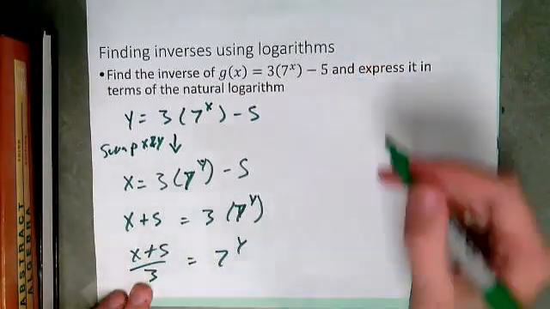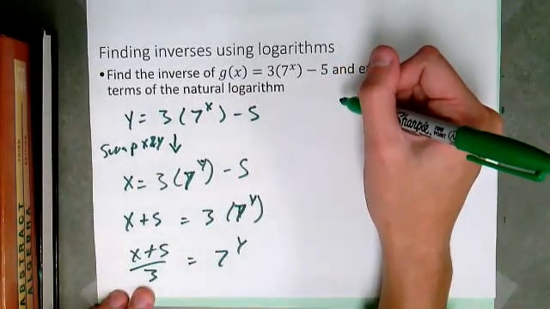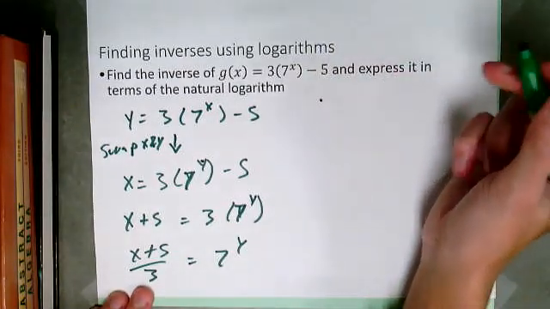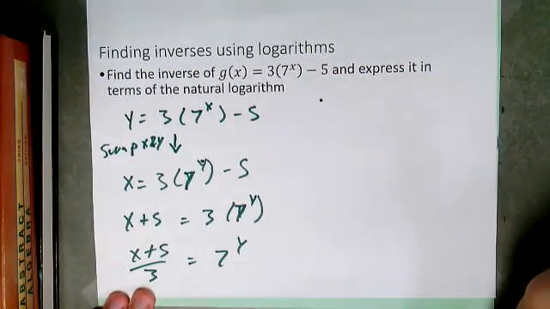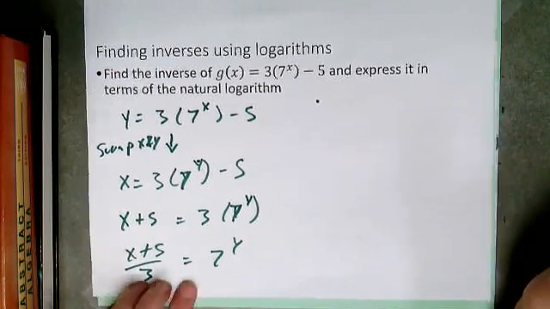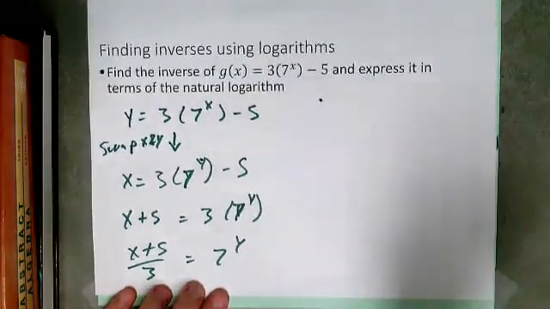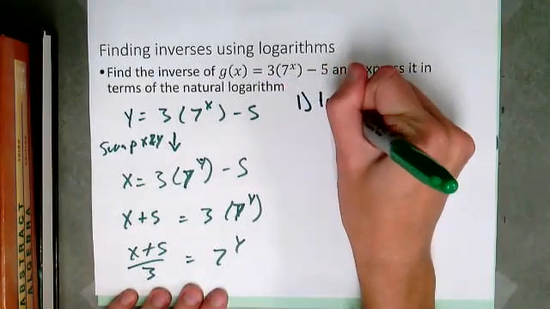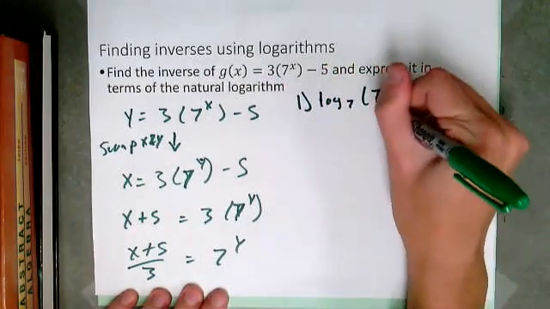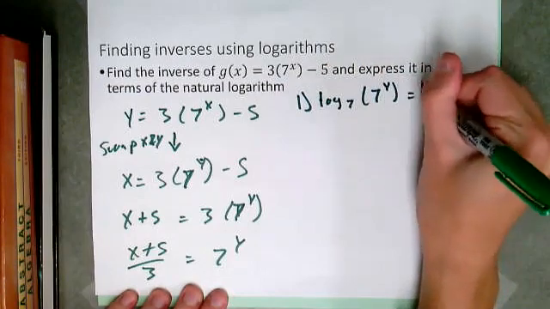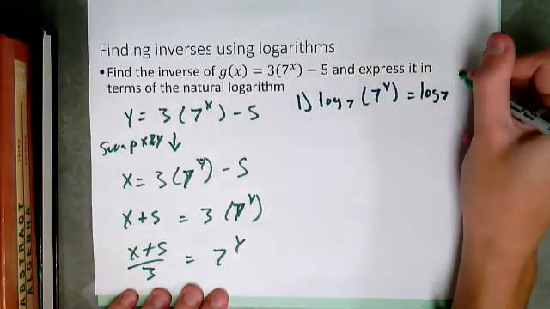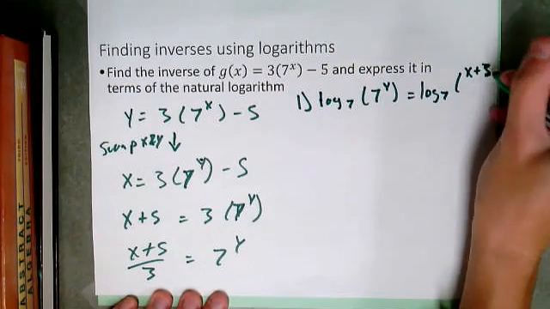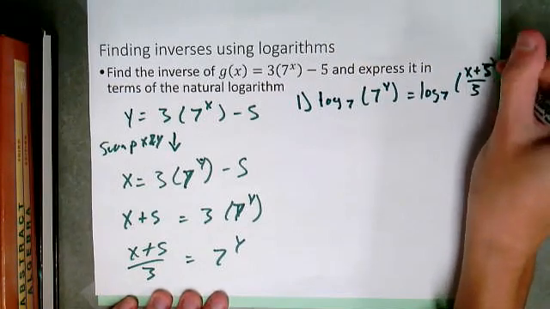We take logs of both sides. Here's the thing: you can take natural logs right off the start, but we're going to do log base 7. So log base 7 of 7 to the y equals log base 7 of x plus 5 over 3.